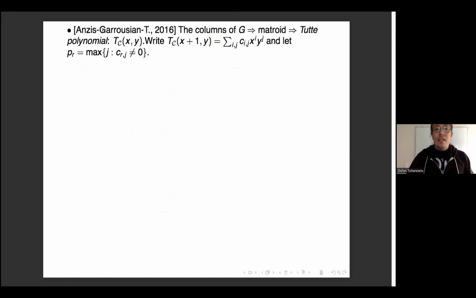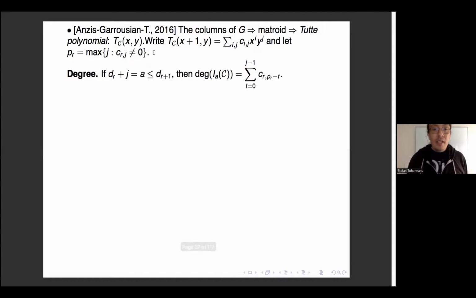This is classical. I'm not attributing this to my work with Ben and Mehdi in 2006. In that paper, we use this Tutte polynomial to obtain the following commutative algebraic information.